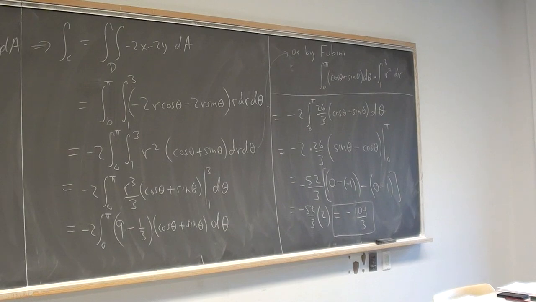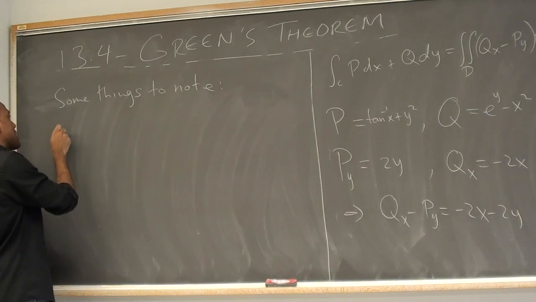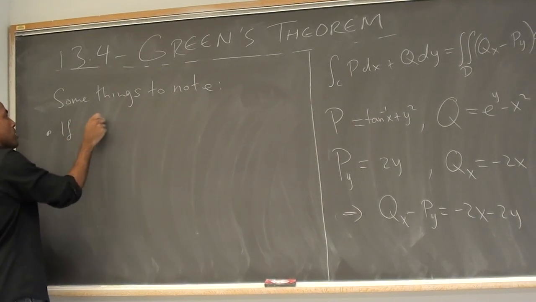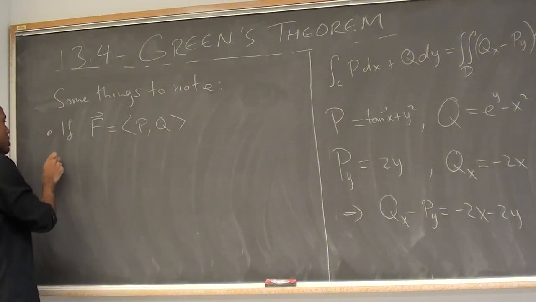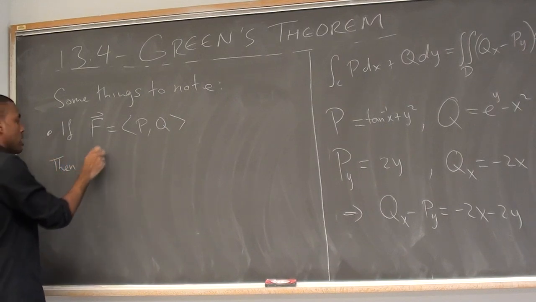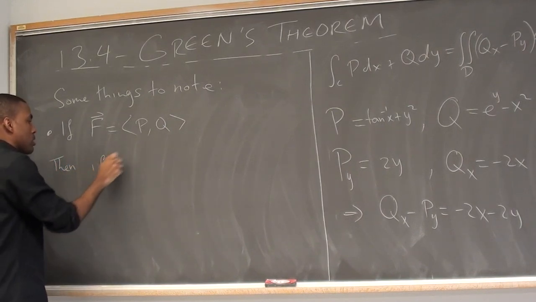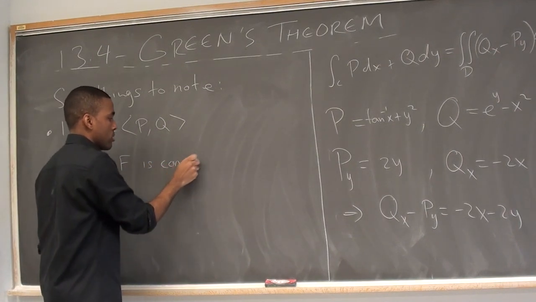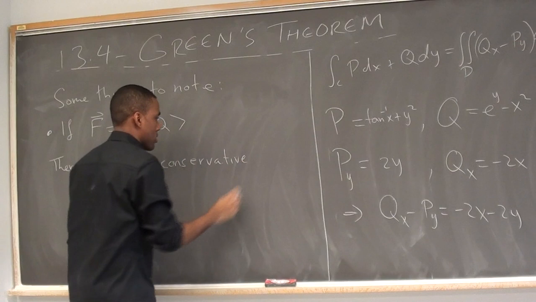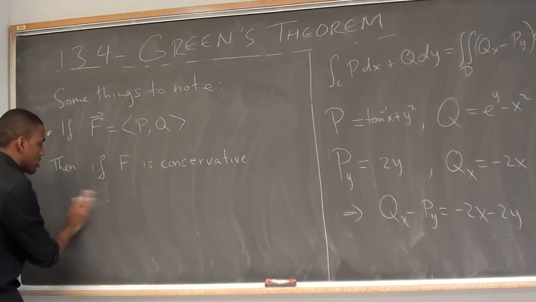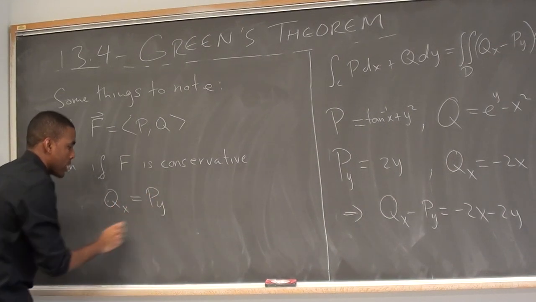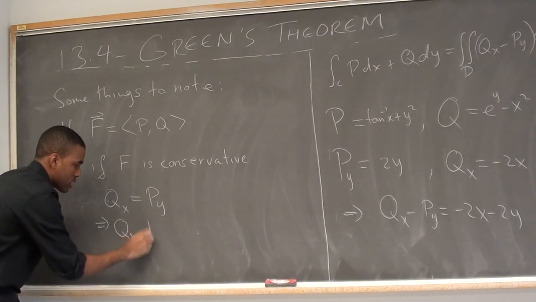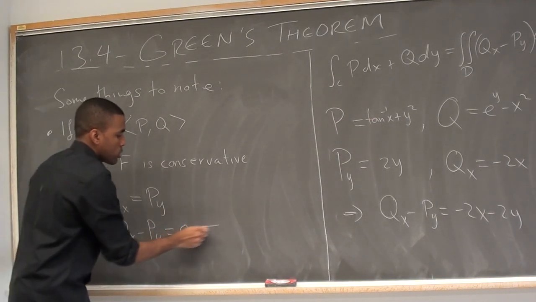Those are all the examples I wanted to do for Green's theorem, but there are some things you can note. Note if the vector function is this guy, and if F is conservative, your Qx equals Py, which implies that Qx minus Py equals 0.